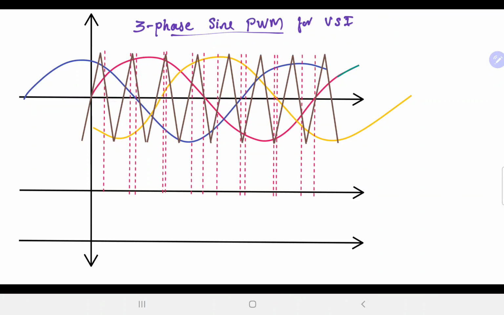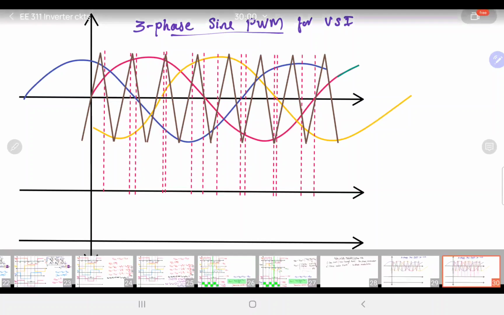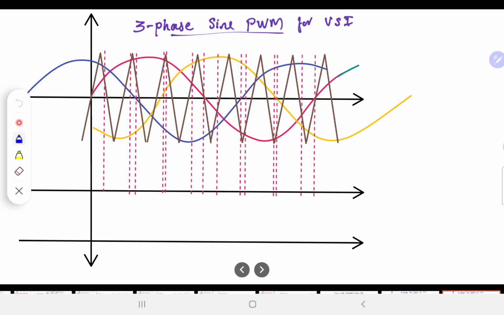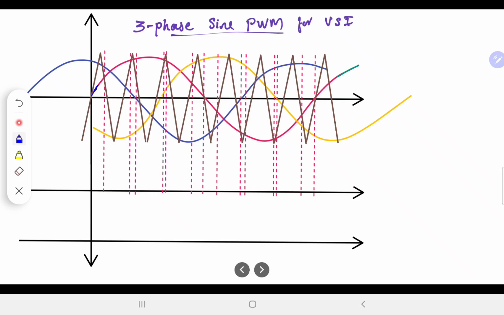What would happen whenever the sine is greater than the triangle, in the corresponding phase we will generate a pulse. If you look at the red waveform, in this area the red is smaller than the triangle, so you will have a 0 here.